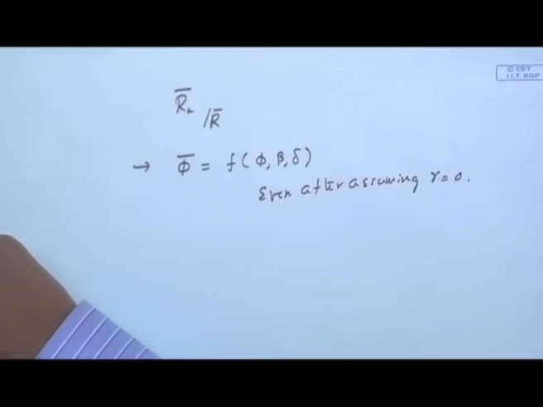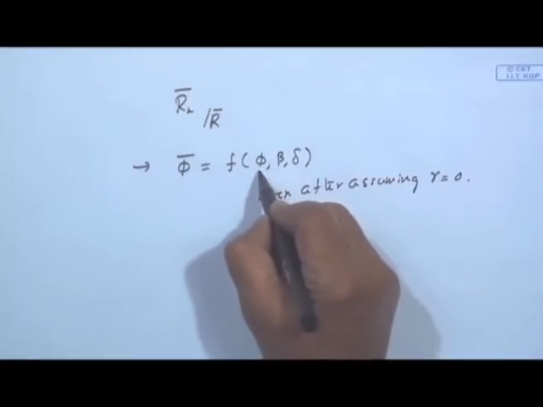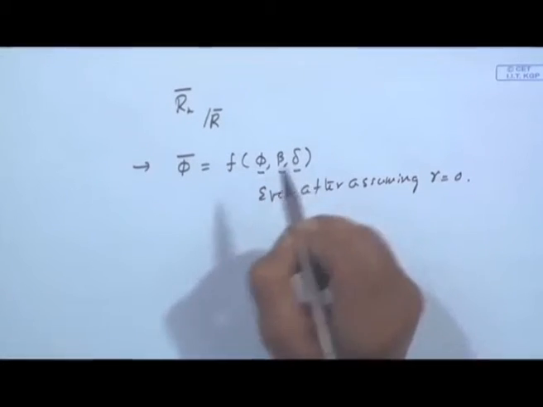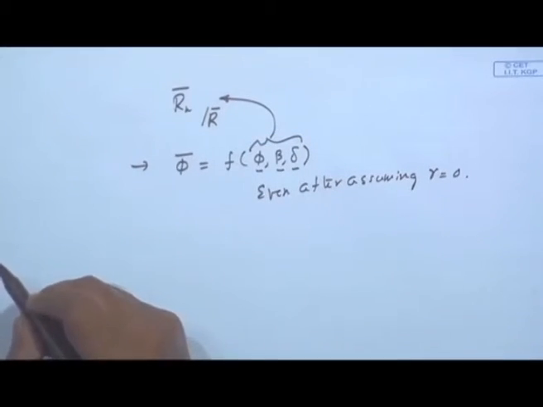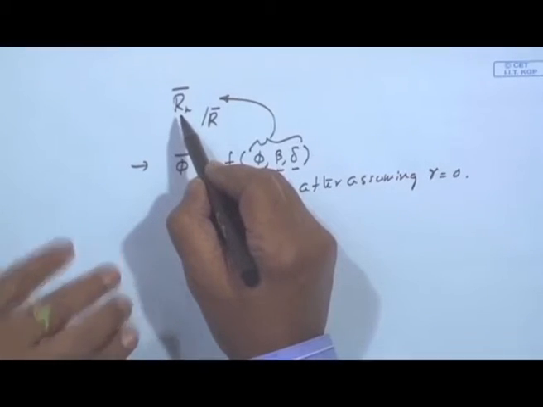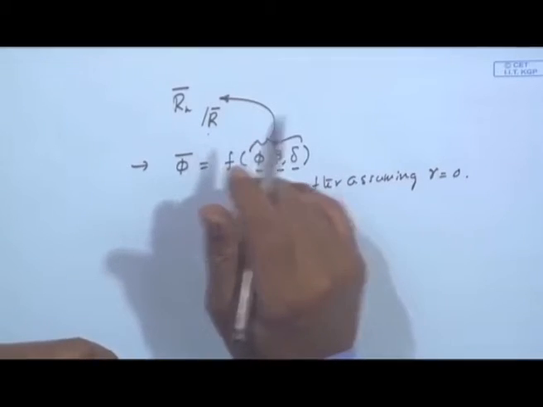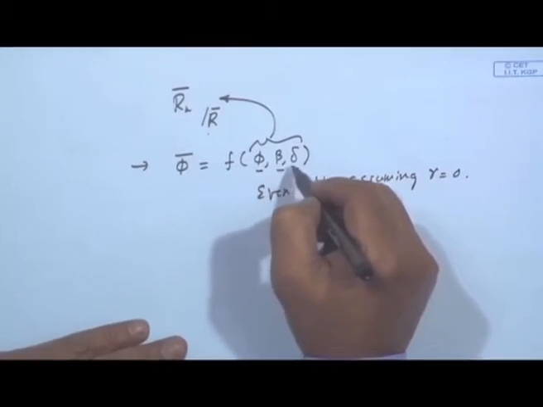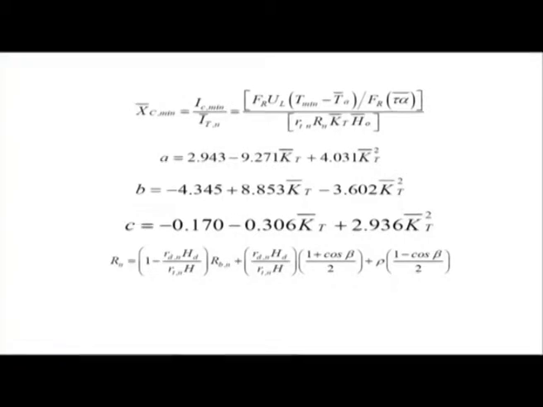First of all, this correlation is valid only for south facing surfaces, and then it should be a function of the latitude, slope and declination in general. These three have been combined into one parameter Rn by R bar, because this is a stretching factor at the noon time compared to the stretching factor over the overall day, which should take into account the latitude, slope, declination combination.